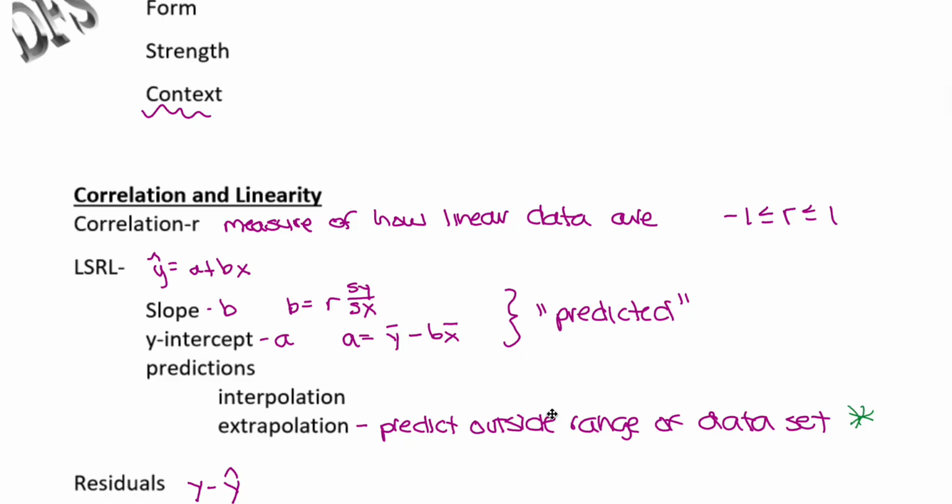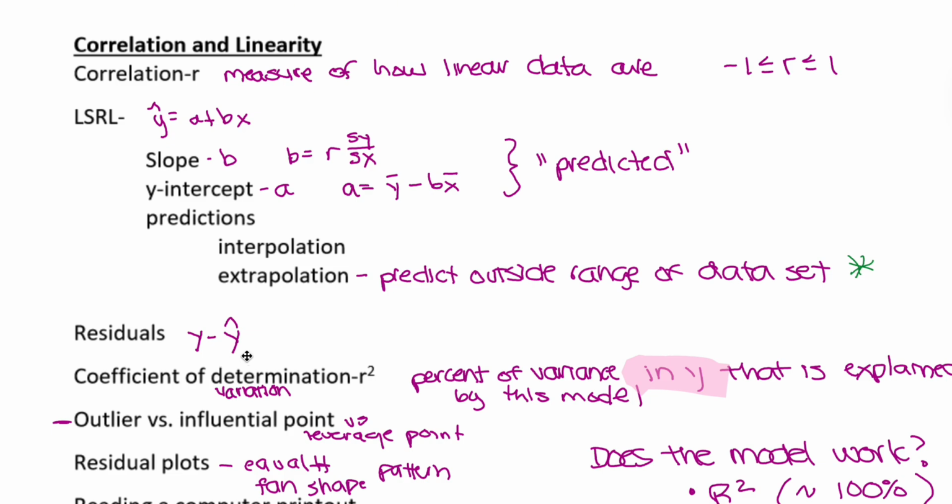So, for example, if the question asks you to predict for a value that is far outside our range, then using the formula that we created won't be very accurate. It will lead to some bias or deviation from the actual y. Therefore, that's how extrapolation occurs. And same thing for interpolation, but with the opposite meaning. For residuals, you're going to use actual minus predicted, which is y minus y hat.